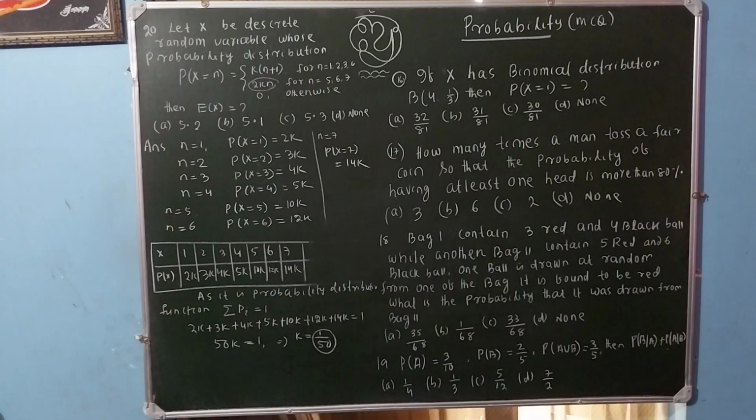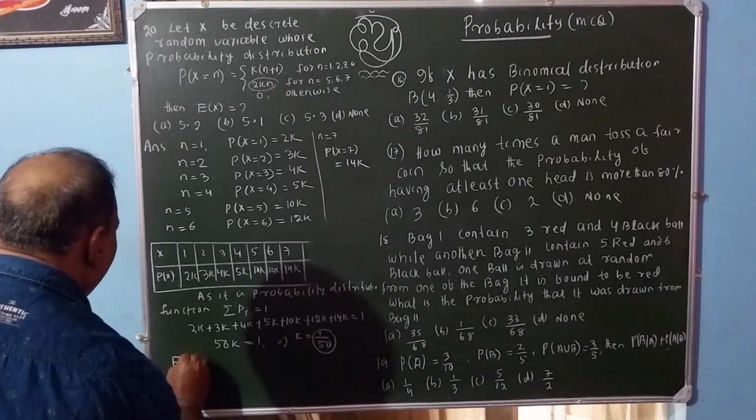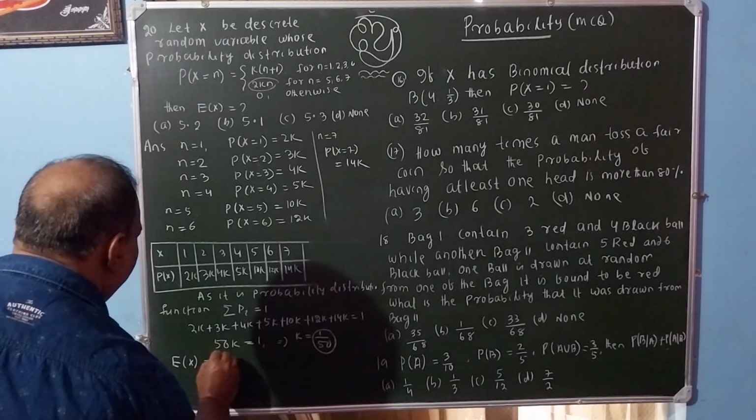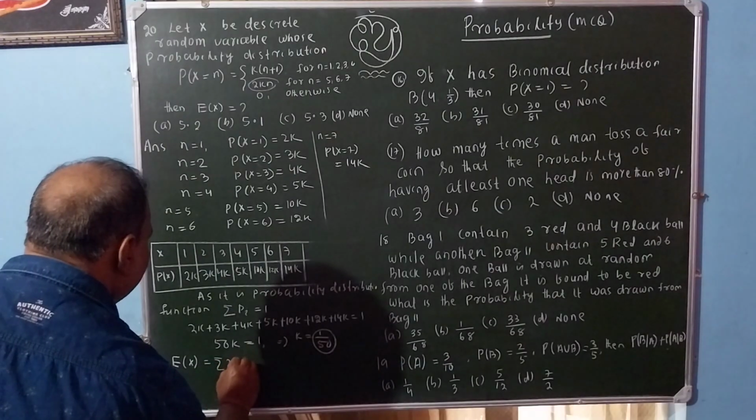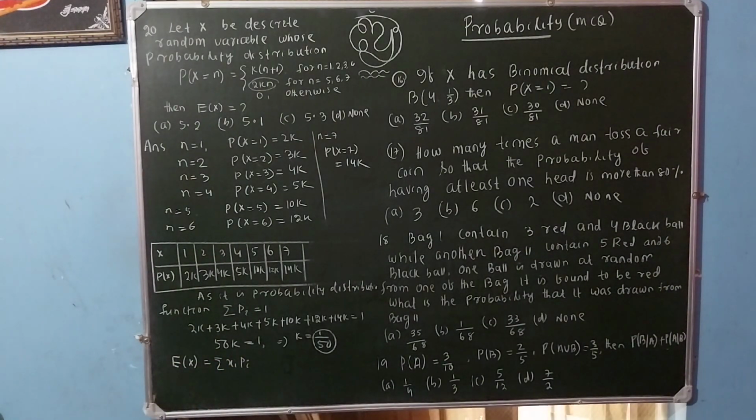But our aim is to find the expectation E(X). E(X) is equal to the summation of xi into pi.